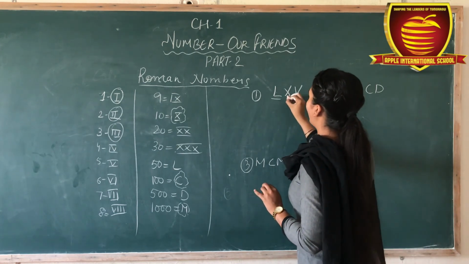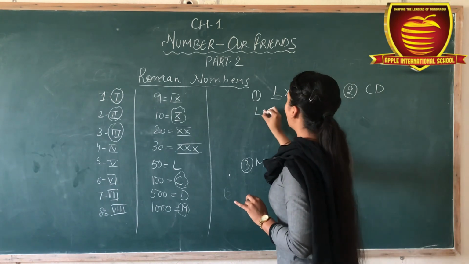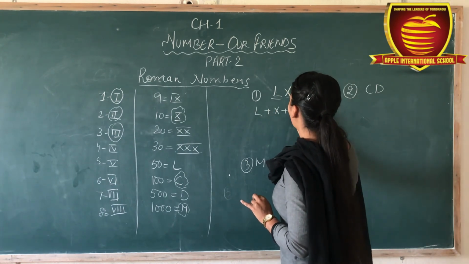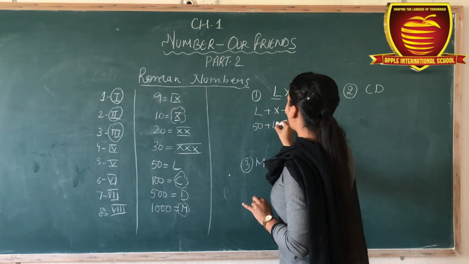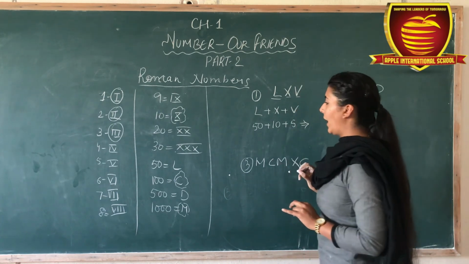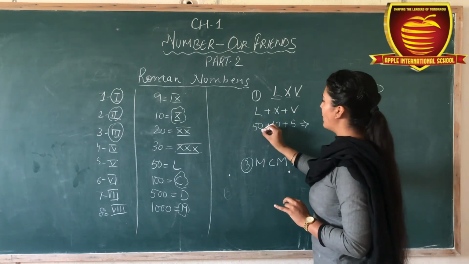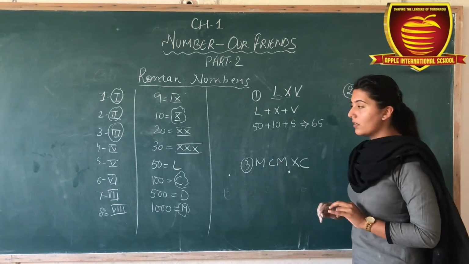Firstly, this number is greater than these. Okay. So this is simply plus. L is 50, X is 10, V is 5. Okay. So what does it become? 50, 60, 65.